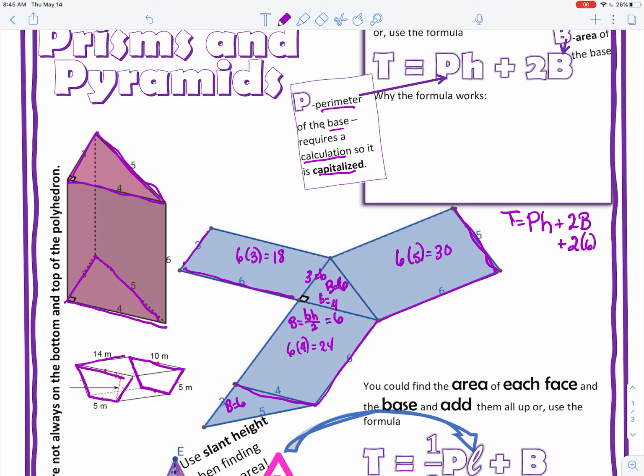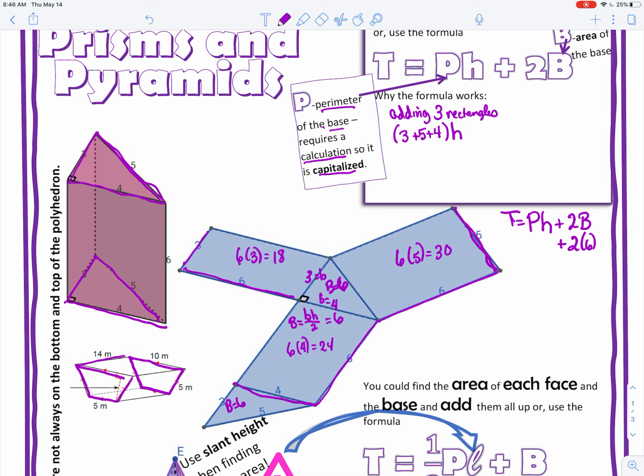When we add the 3 rectangles, that means that we're going to take the height of the prism times the 3, the 5, and the 4. We're taking that 6 times the 3 plus the 5 plus the 4.